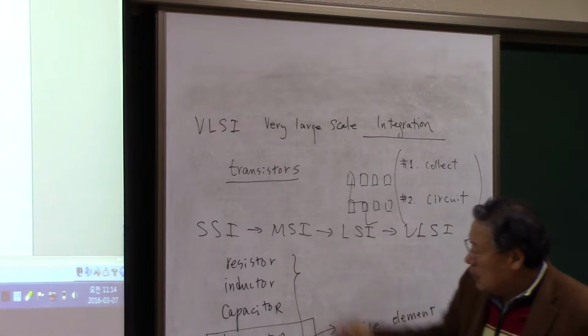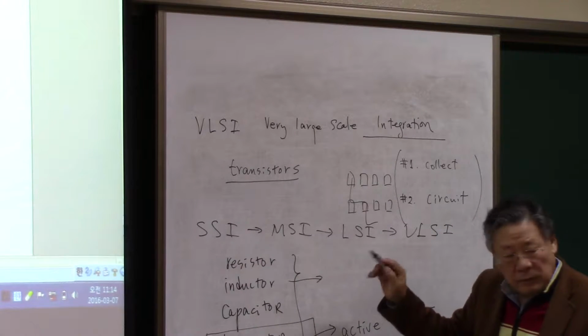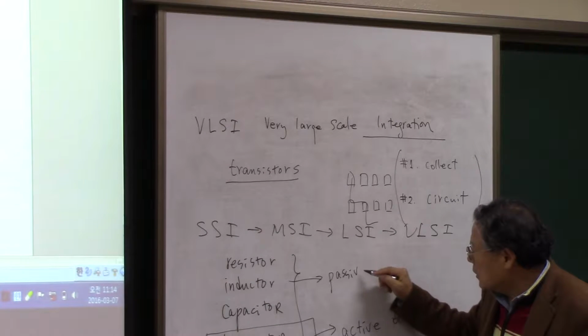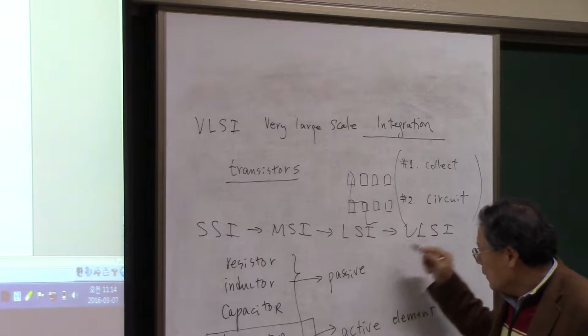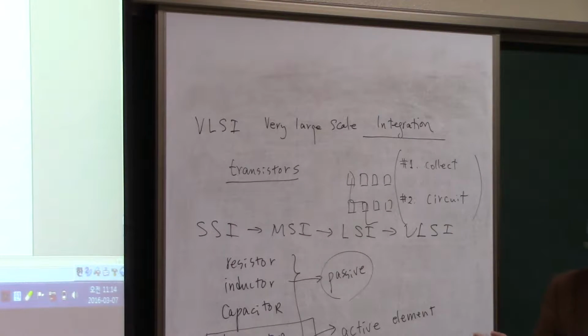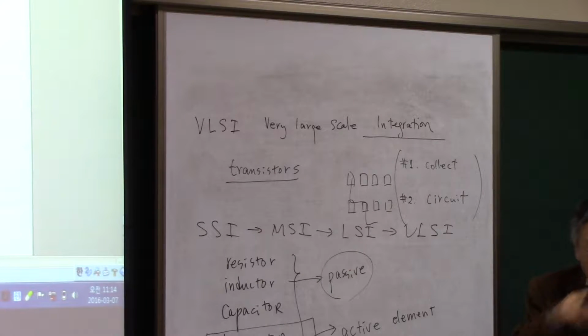These 3 parts are called passive elements because they just change the signal. But the active element is amplifying the signals. It's something related to production.